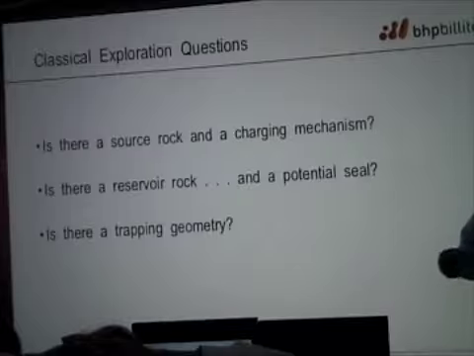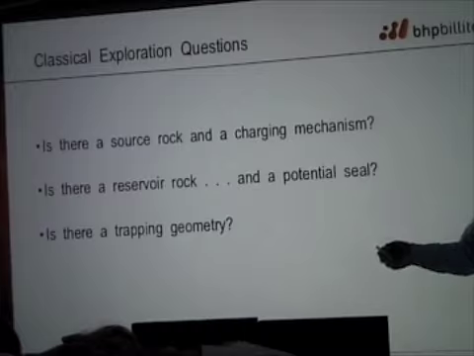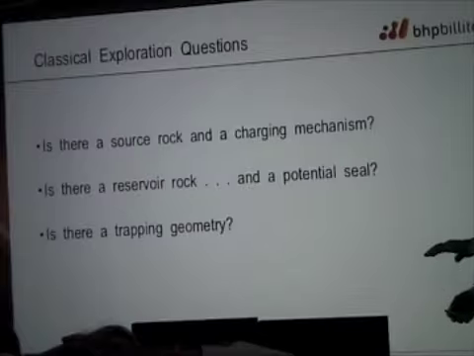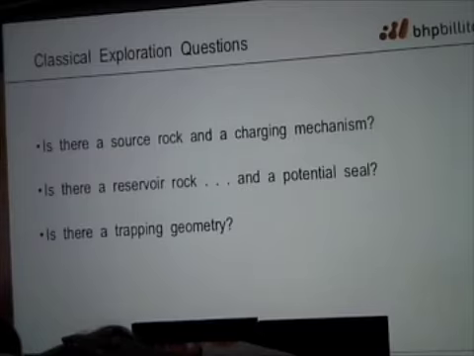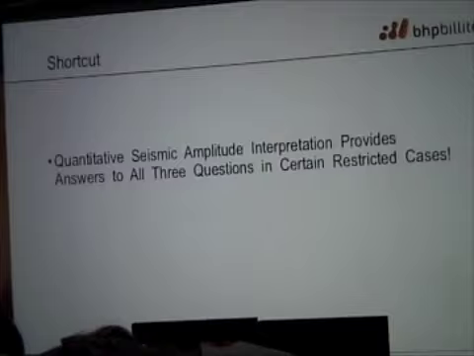Shoot some seismic, try to map events, determine velocities, and get the structure of the beds, and see if there's a closure up against a fault or four-way closure or whatever, a trapping geometry.